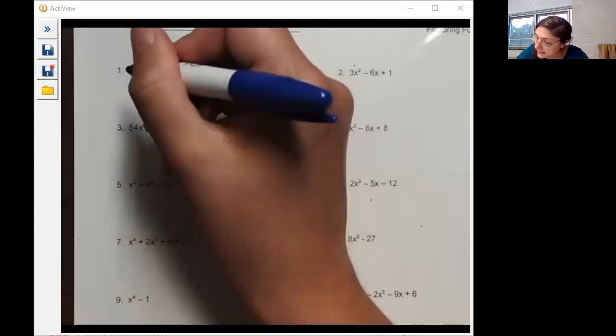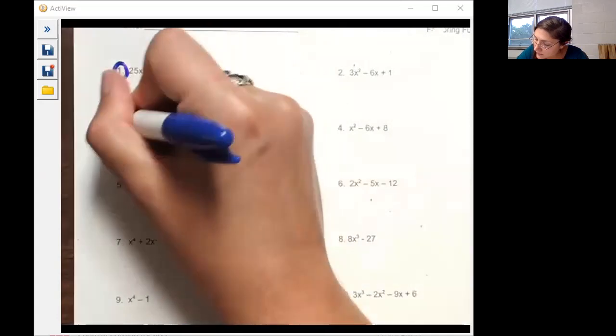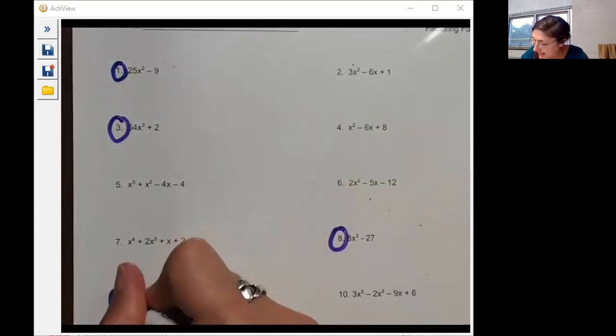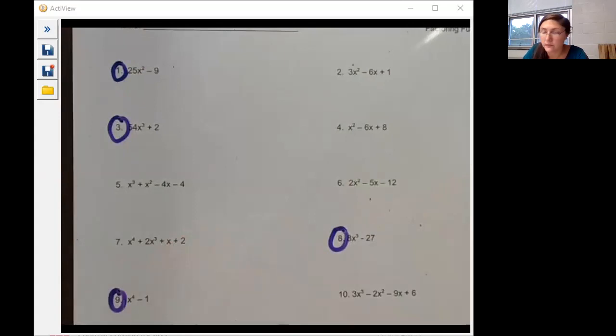So I can see that number 1 and number 3, and number 8 and number 9 all have 2 terms.